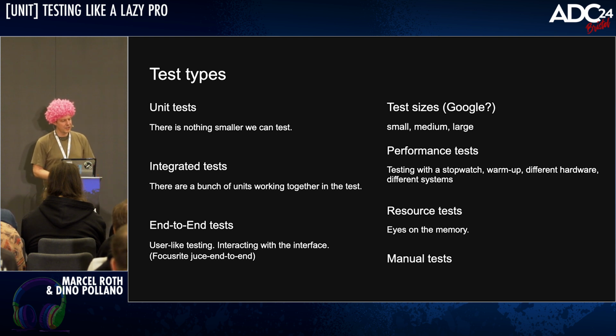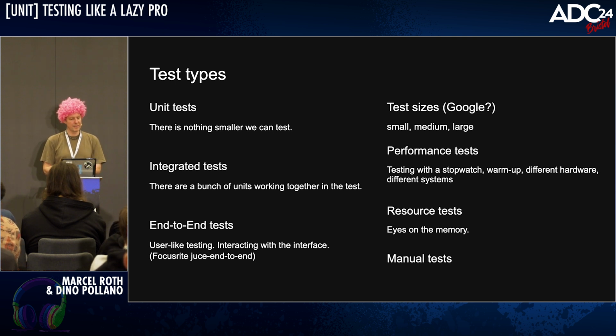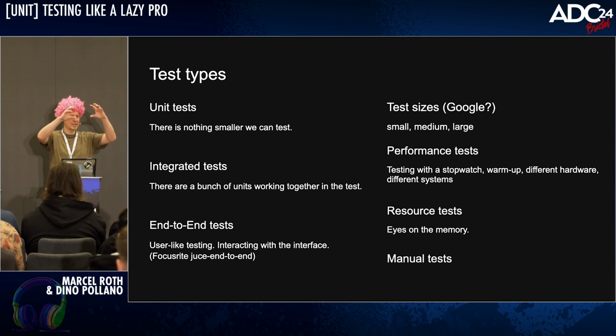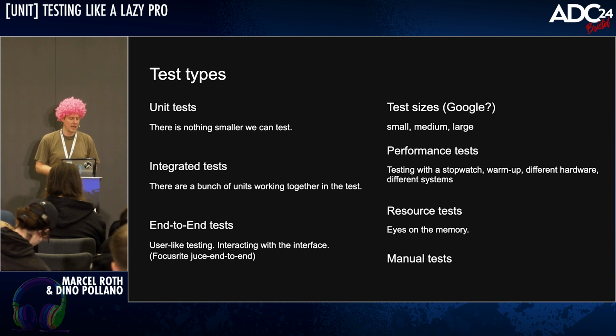Then a bit more explanation about test types. What we've been talking about today, that's unit tests. There's something called integrated tests. That is, if you test at a higher level and you don't do mocking, which is something we're going to get to in a sec, and you're not just testing your class, but you test all the so-called collaborators that sit below in one washing up, so to say.